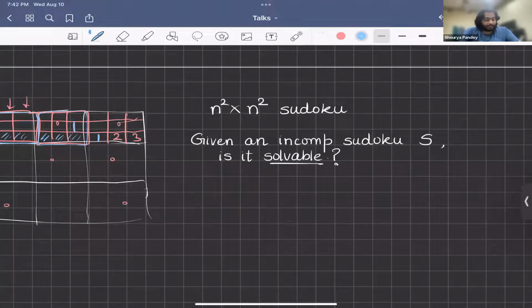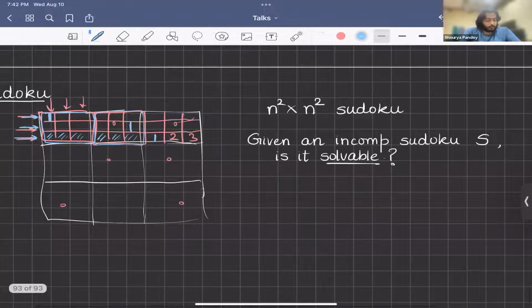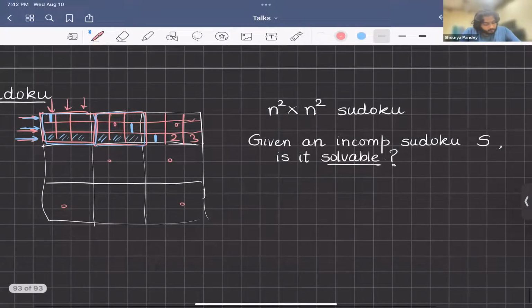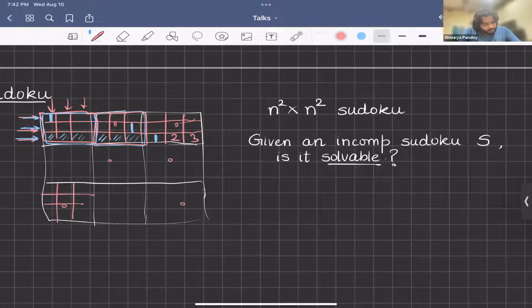Sure, you can write down things like what I mentioned. If there's a 1 of such a pattern and 1 of such a pattern, then there should be a 1 here. Sure, you can code up these things, and then there can be even more complex patterns. For example, if everything here is filled up with numbers other than 1, then since there's a 1 here, there must be a 1 here, because where else will 1 go?